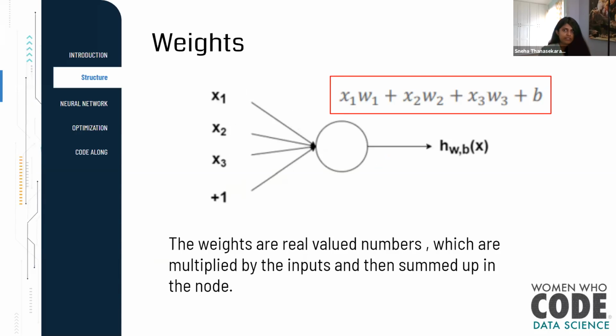So W1 is assigned to x1, W2 is assigned to x2, and W3 is assigned to x3. An important question to ask here is, what are these weights all about? Well, they are the variables that change during the training phase of the algorithm. So as the neural network learns, the weights are altered in each phase before being assigned to the inputs to determine the output of the node.